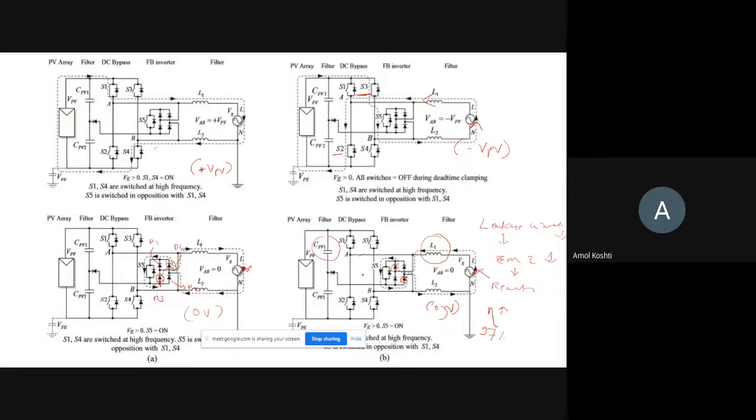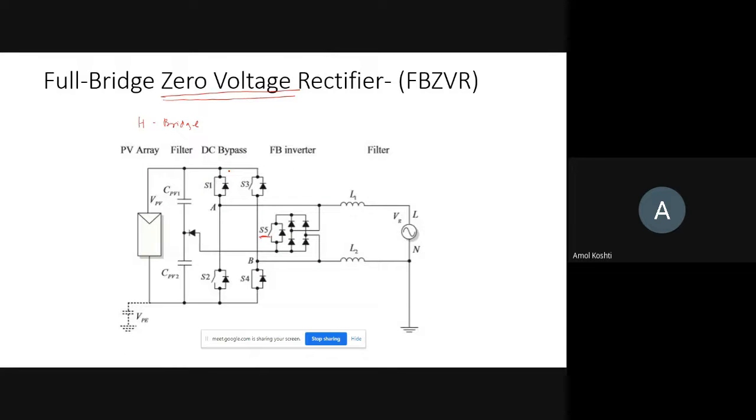So here are the different topologies which we have studied as modifications of the H bridge. How many topologies have we studied here? We will list them out. The first is the basic H bridge, which is fundamental.